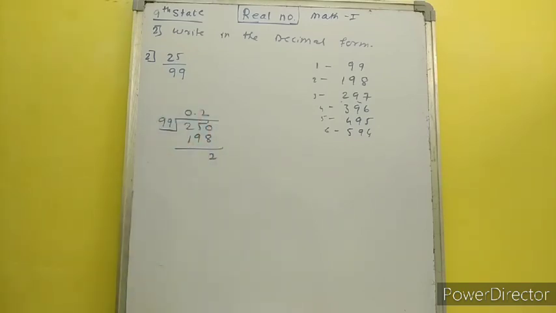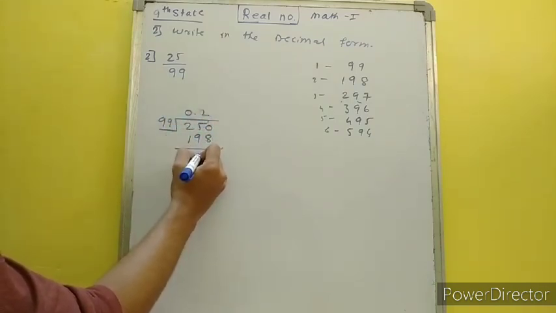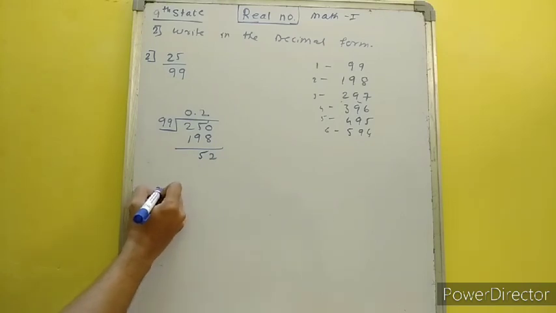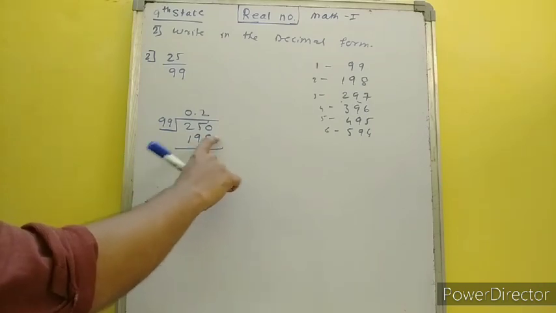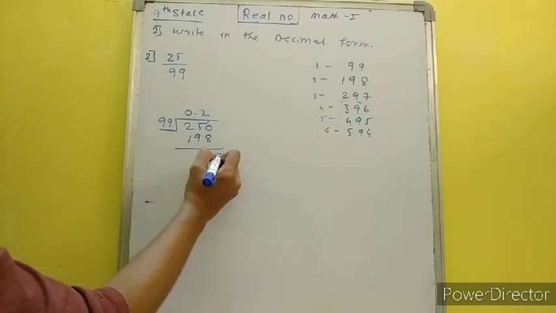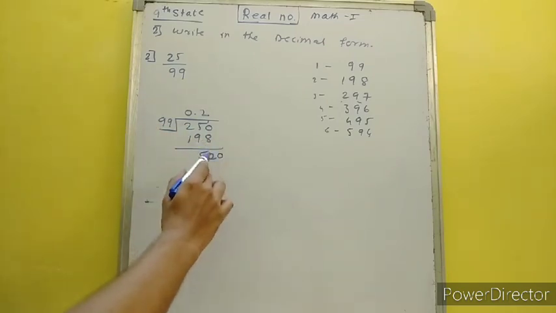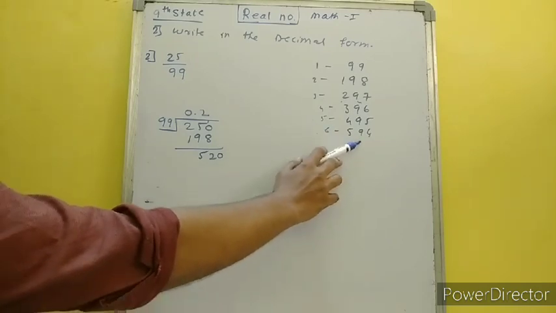So 250 minus 198 is 52. Okay. So I will add 0 to it and see that 99 6s are 594.